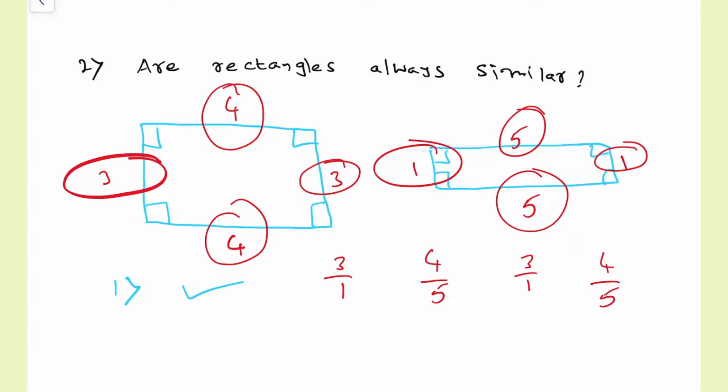Here we can say clearly that 3 by 1 is not at all equal to 4 by 5. So it is not satisfying the second condition, that corresponding sides ratio should be the same. In this case the corresponding sides ratio is not the same. So we can say that rectangles are not similar to each other.